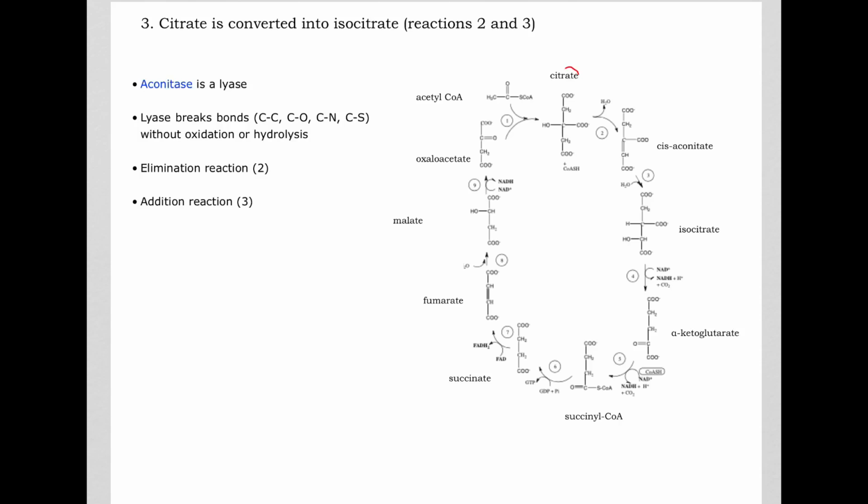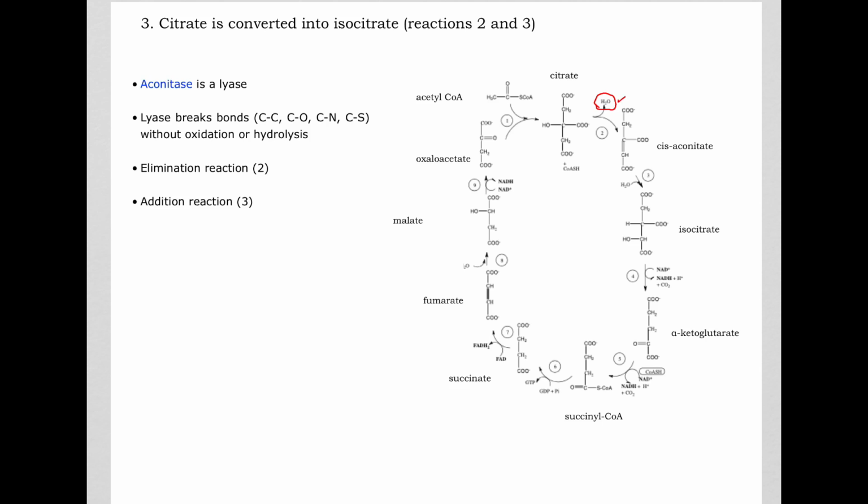The citric acid is then converted into isocitrate, and the enzyme that catalyzes this reaction is called aconitase. Aconitase belongs to the lyase family. The enzyme aconitase catalyzes an elimination reaction.